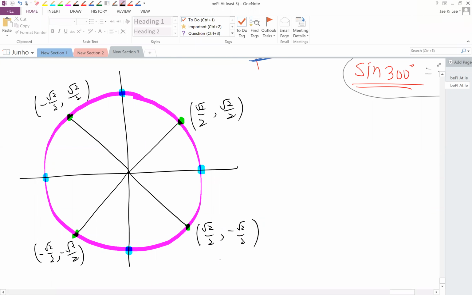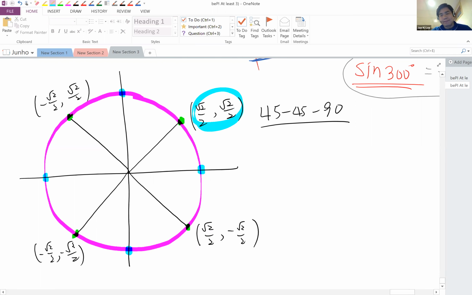Okay, so in the 45, 45, 90 environment, you only memorize the value root 2 over 2. As you see, the ending is 5 all the time. So if I ask you, what is the cosine 225?